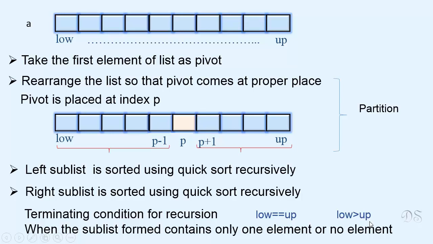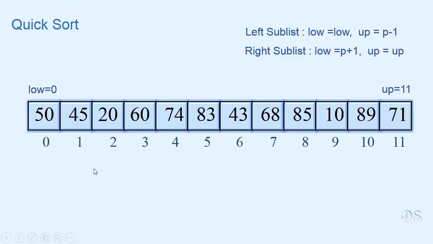So now let's take an example and understand this procedure. This is an array of 12 elements and we'll sort it in ascending order using quicksort. Here we'll focus only on the recursion procedure. The process of placing the pivot is discussed in the next lecture. Now initially we have to sort this whole list. So low is 0 and up is 11. And this A low is taken as a pivot.